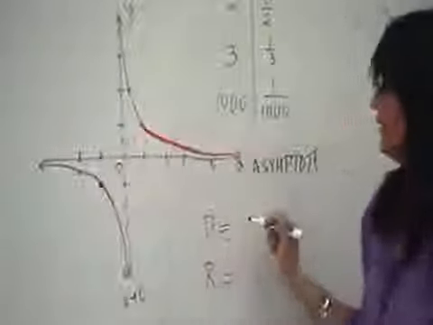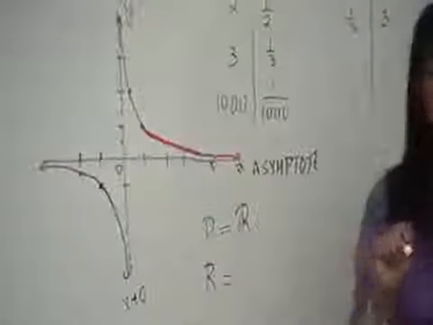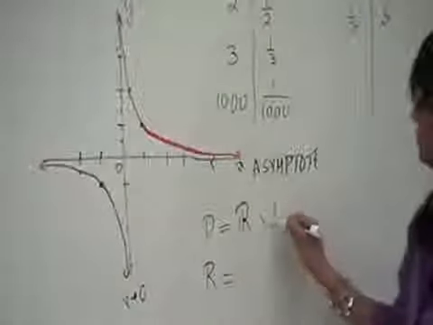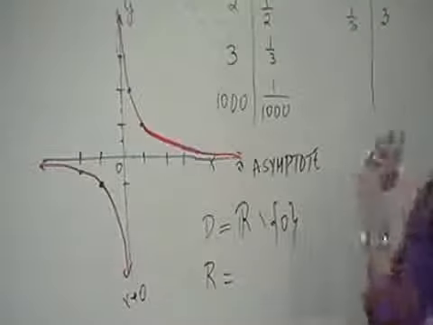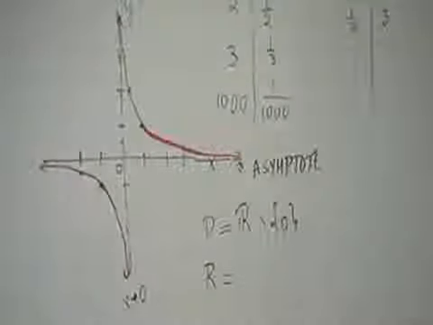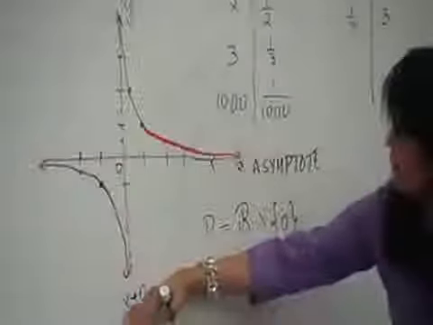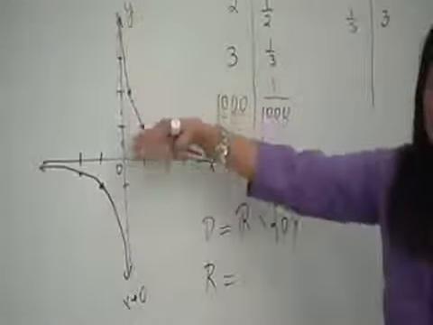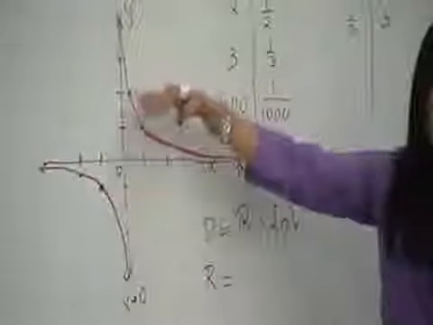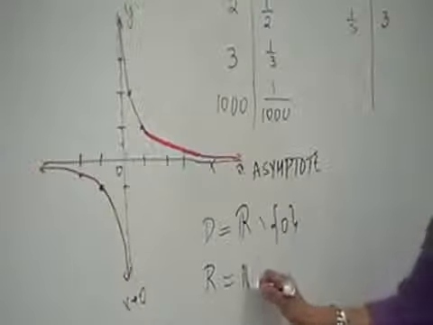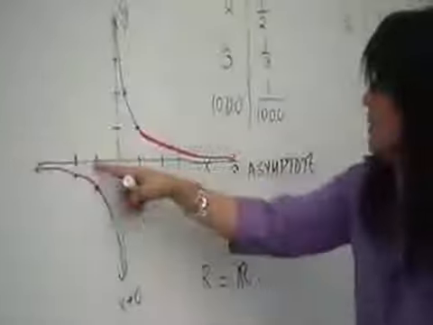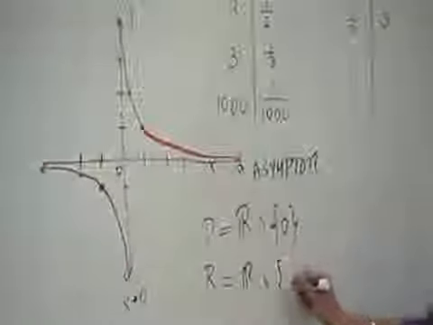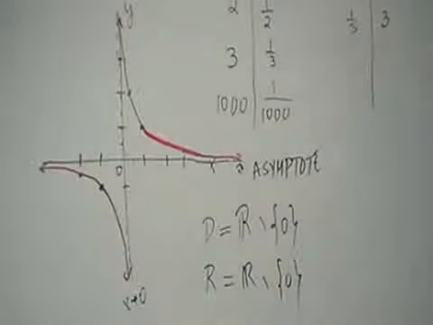We are okay with every real number except 0. You can write it in words: all reals except 0. What about the range? All real numbers except, again, because we didn't touch this, except 0. Same thing.